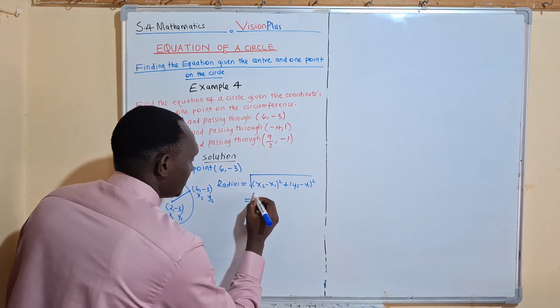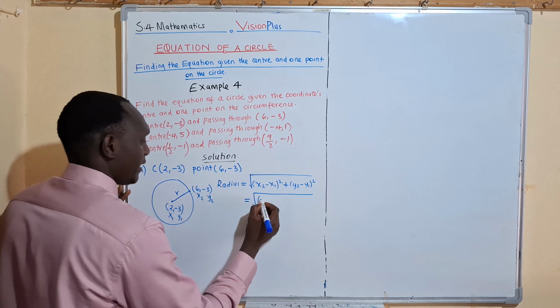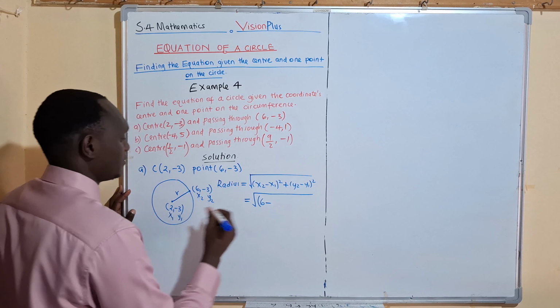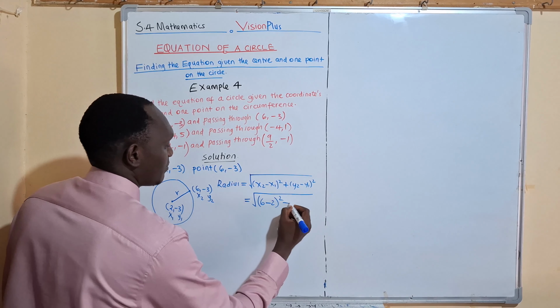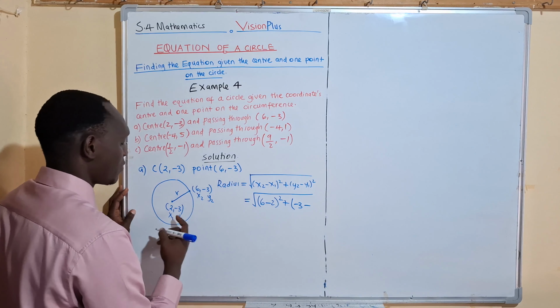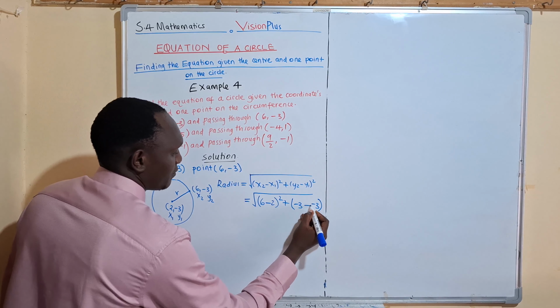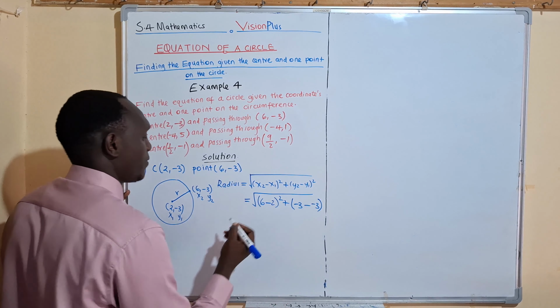This now gives us the square root of, what is x2? x2 is 6 minus x1, which is 2, squared, plus y2 is -3 minus y1, -3. This minus is for the formula, this is for the value of y1.